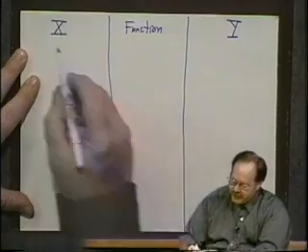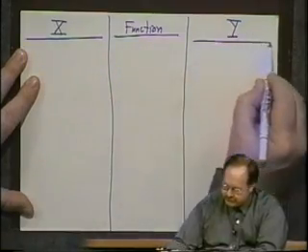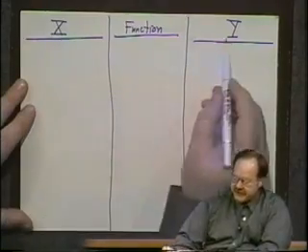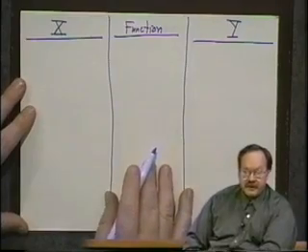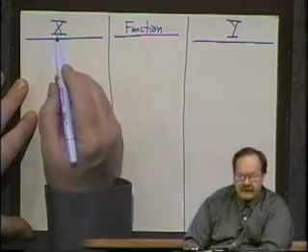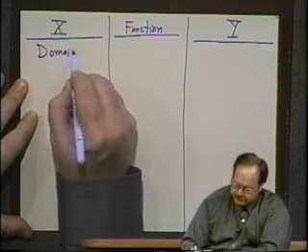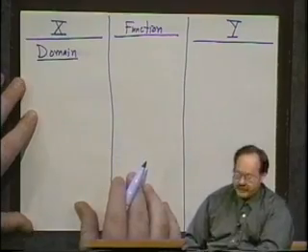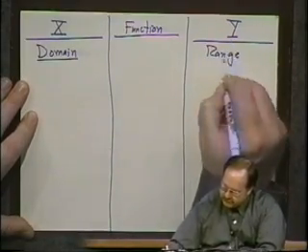Under each of these, I'm going to give you the standard terminology. Each of these sets has a name. The function, in its various incarnations, will have different names. So let me start with the basic ones. The set on the left, the input set, is called the domain of the function. That is the traditional name. The output set is called the range of the function.